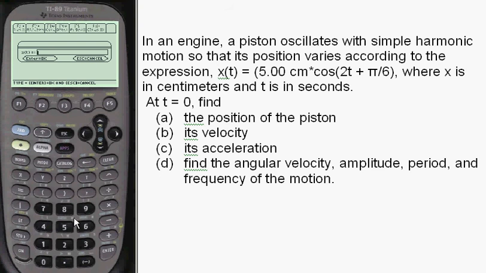Alpha, 5 times secant, cosine, 2 times t plus pi divided by 6, close off the function with the right parenthesis, and let's see if we've done it right here. Yep, looks pretty good. I'm going to say it's okay.